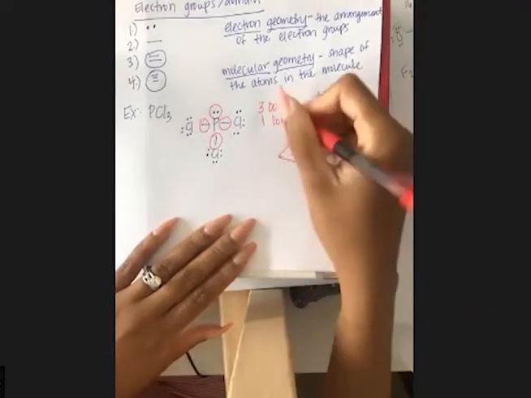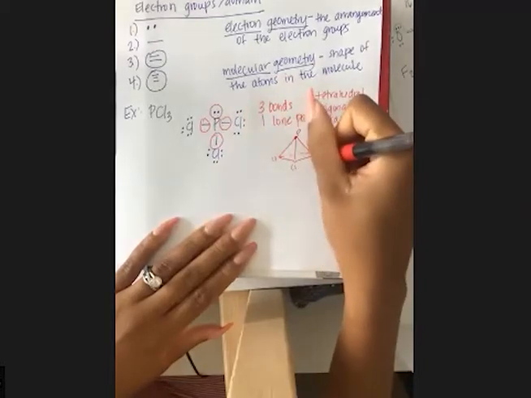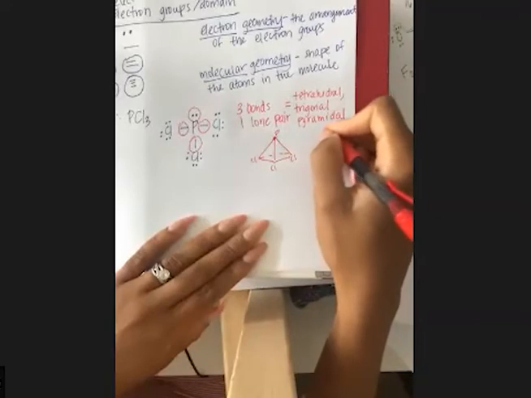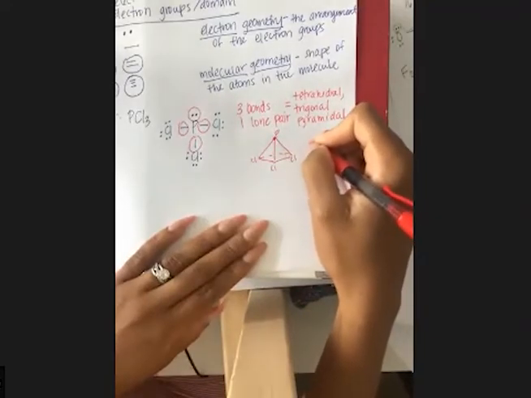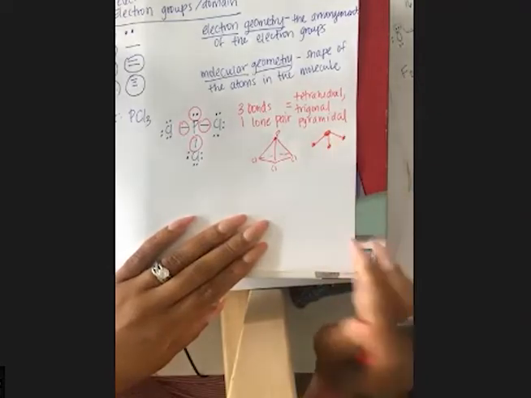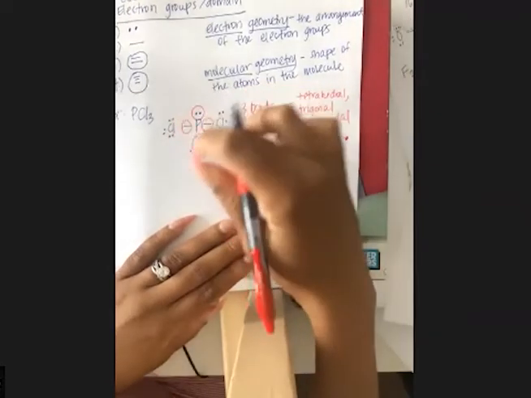In reality, it's saying that this is my phosphorus and these are my chlorines. And this is what the shape of the molecule looks like. So in the book, it'll draw it out for you like this. And that's really what the molecule looks like, not like this.